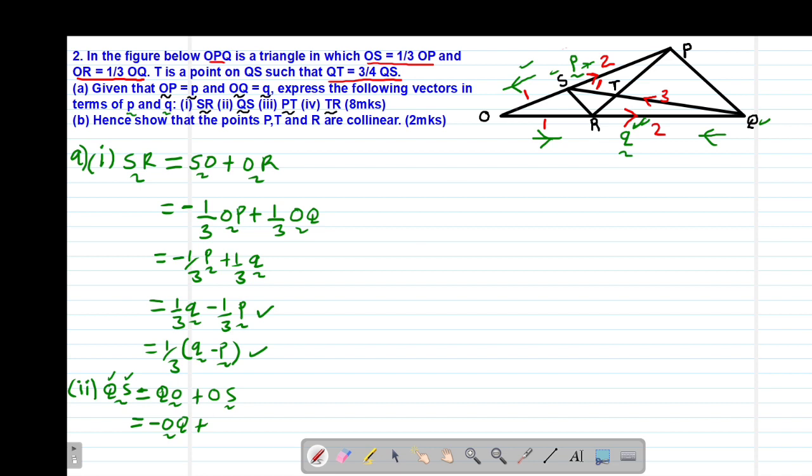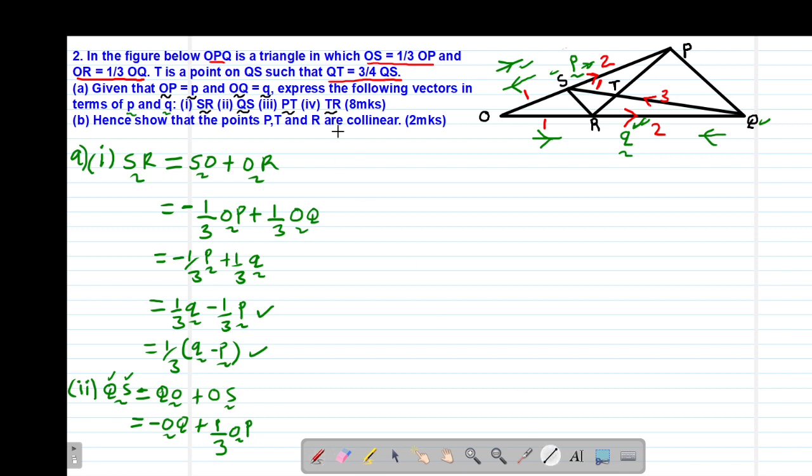Then we are going to add OS. So remember, O to S, we are moving in this direction, which is the same direction with the initial direction, hence a positive. So OS will be the ratio of OS, which is 1, divided by the total ratio of line OP, which is actually 3, or simply 1 plus 2, of vector OP. Of course, OS and OP are moving the same direction. That is why I'm having a positive.